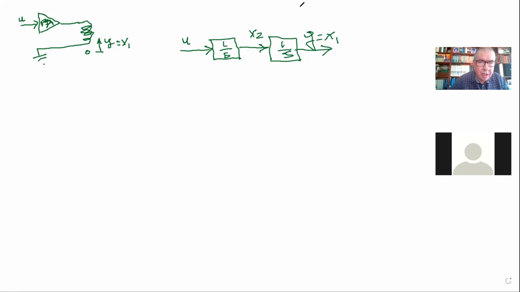Now, let's design a controller to keep Y at some desired position. So what do I do? I use a feedback controller from the output. So I have some reference, and I subtract it from the output.